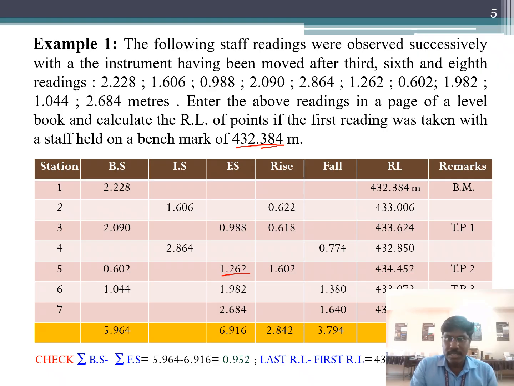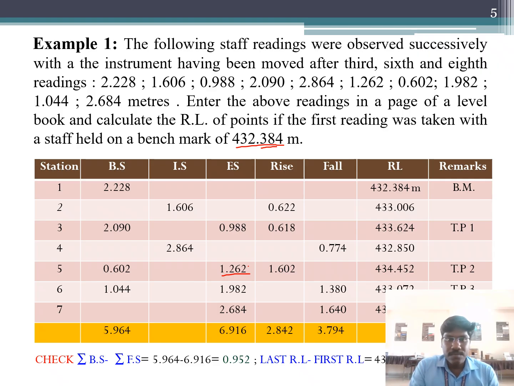This is the seventh reading, and the sixth reading is 1.262. 1.262, backside is 0.602, and the next one is 1.982 under the foresight reading. The final reading is 2.684.